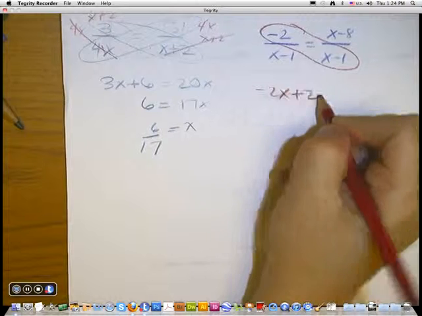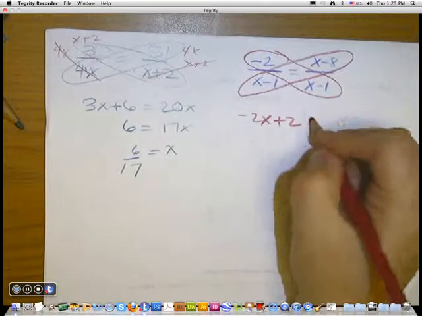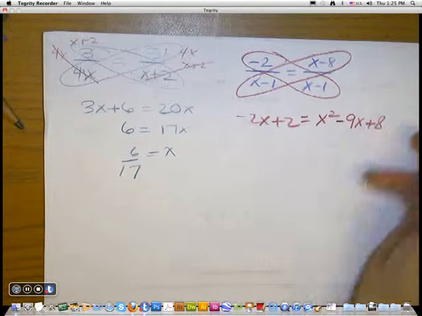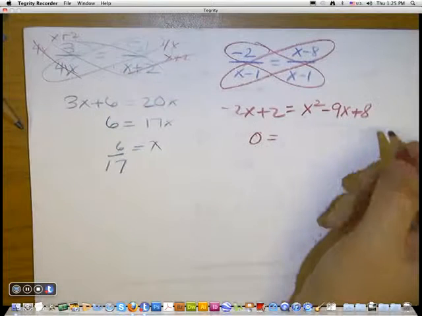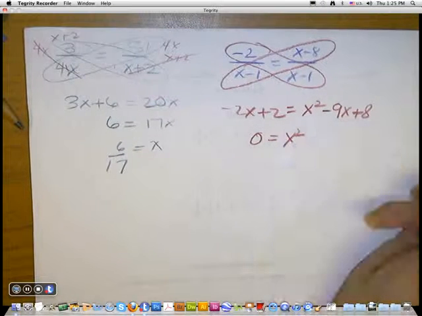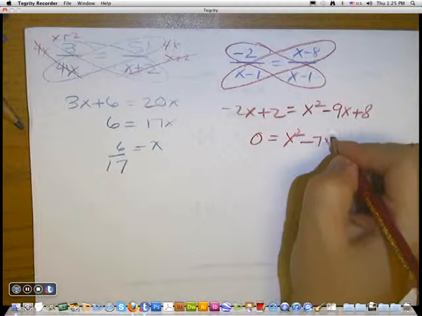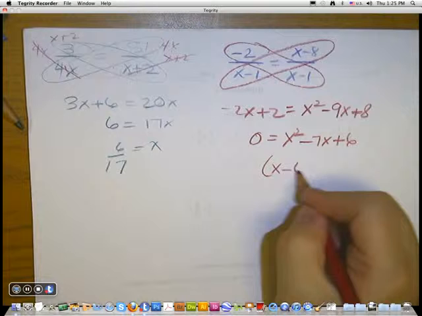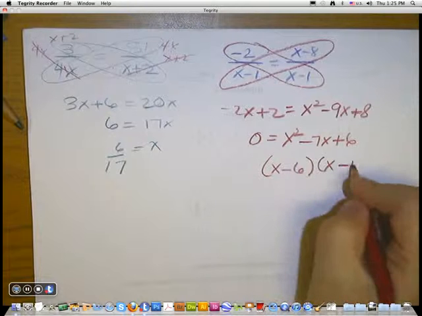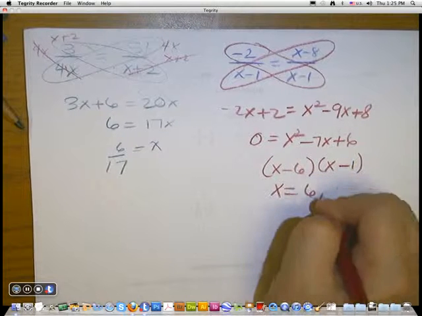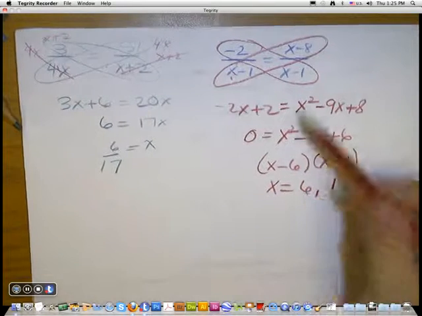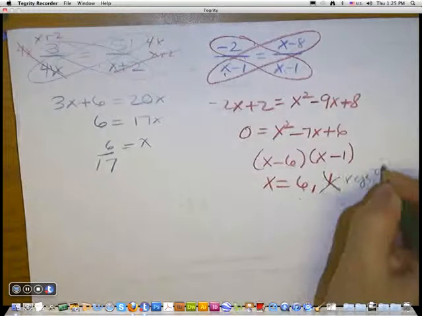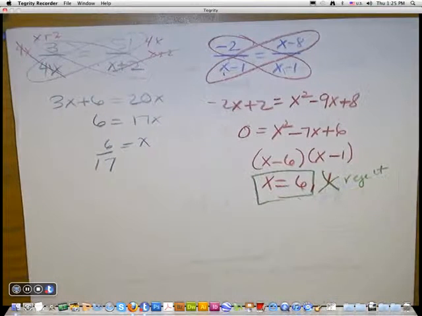Minus 2x plus 2, x squared minus 9x plus 8, 0, x squared minus 7x plus 6, x minus 6, x minus 1, so x is 6 or 1. 6 is okay, 1 is not. Reject, and only 6 is your answer.